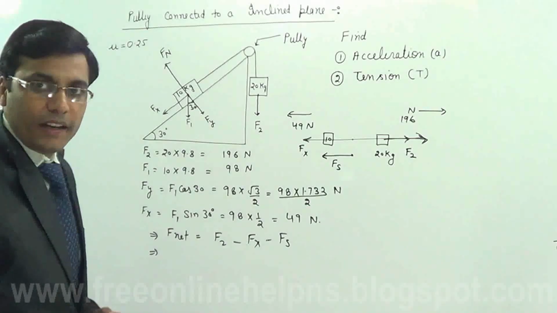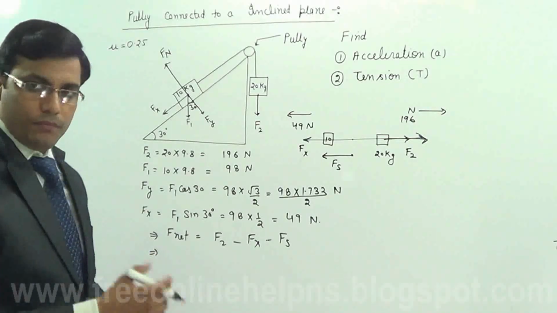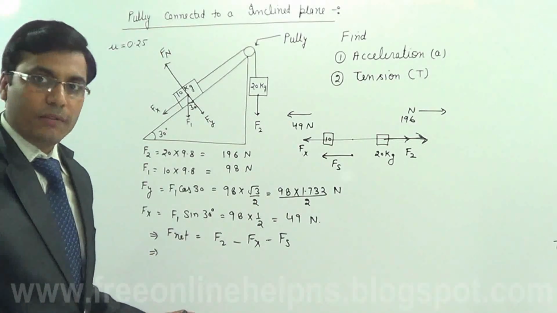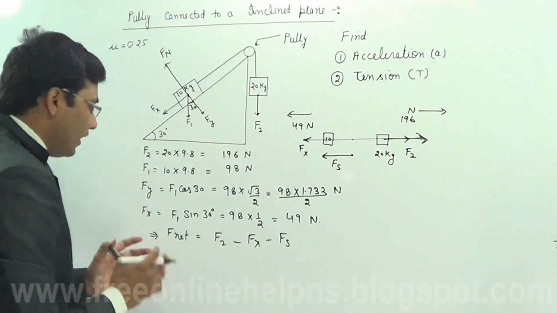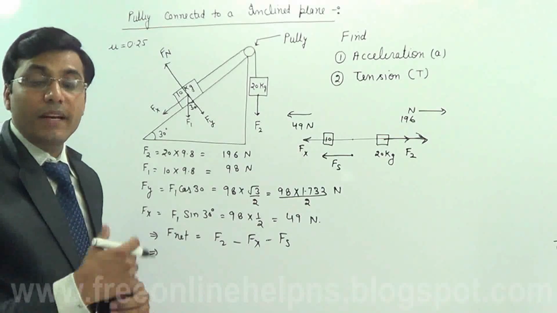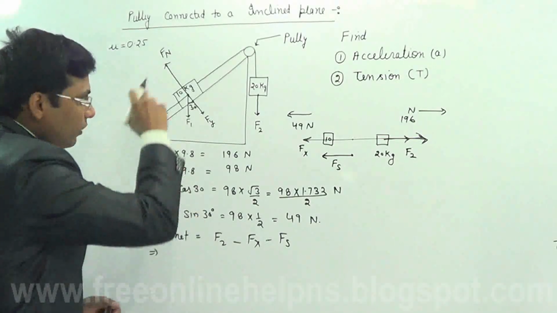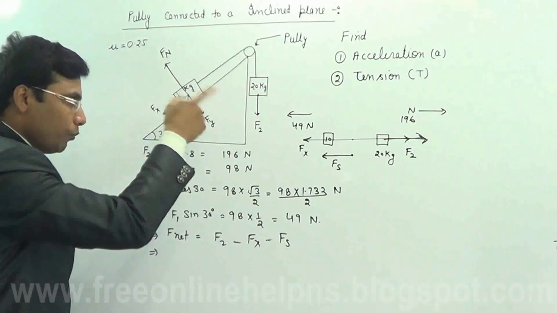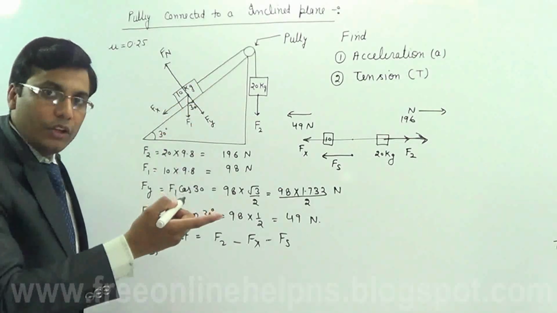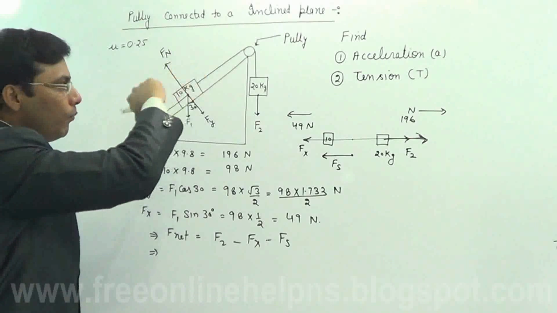Due to this net force the body will accelerate. So we can write F net is equal to ma, mass times acceleration. What is the total mass of the blocks? Because both blocks will move, the acceleration will act on both blocks.